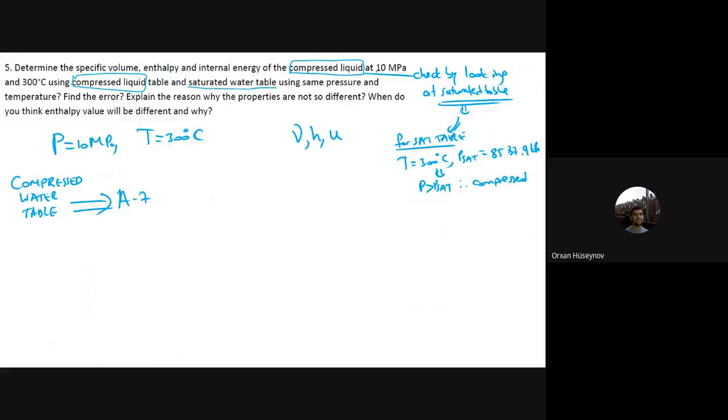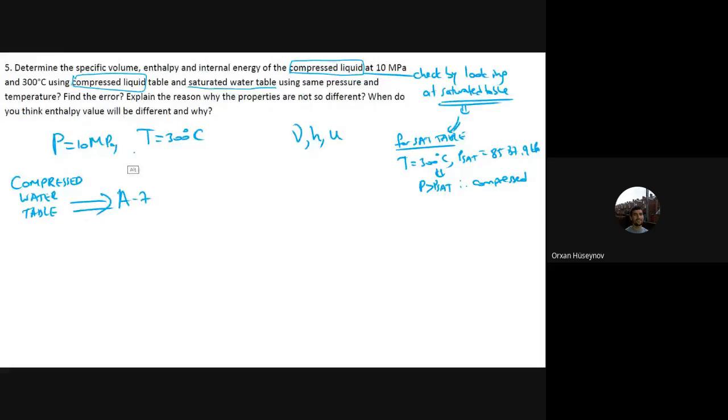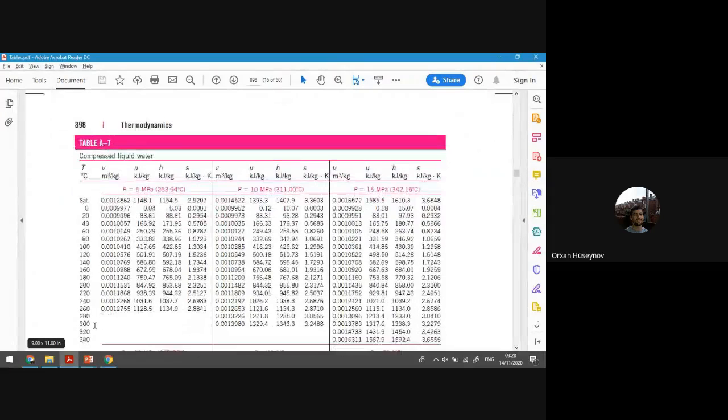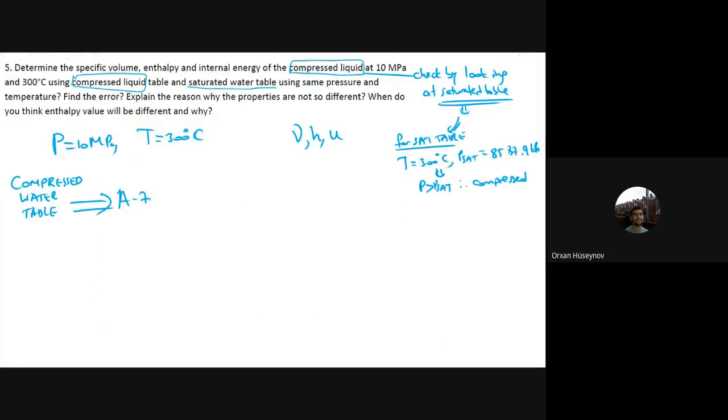I'm interested in 10 megapascals, so 10 megapascal is here. And I'm interested in 300 degrees Celsius, you can see this line. So I will take the values from this line, firstly the v_f and then the u_f and the h_f.